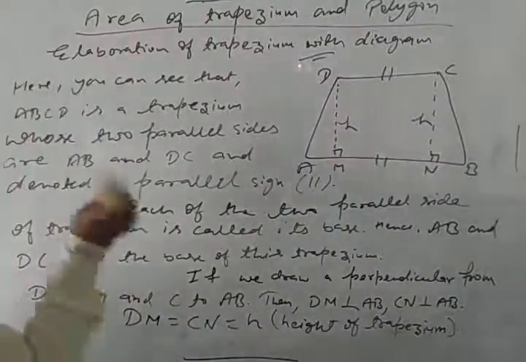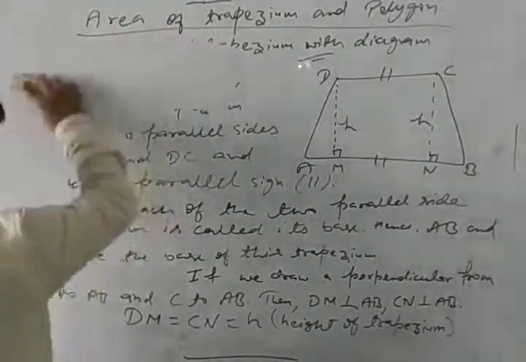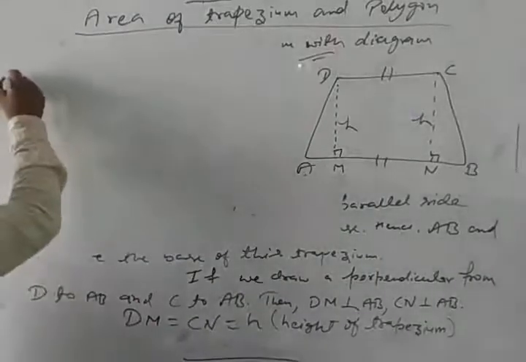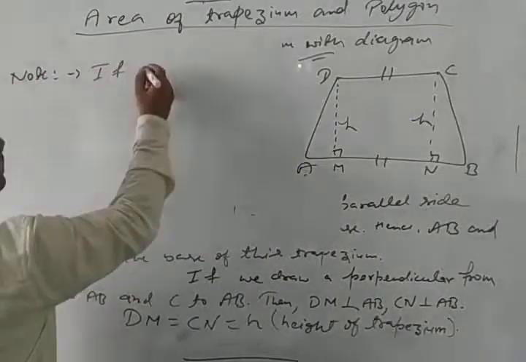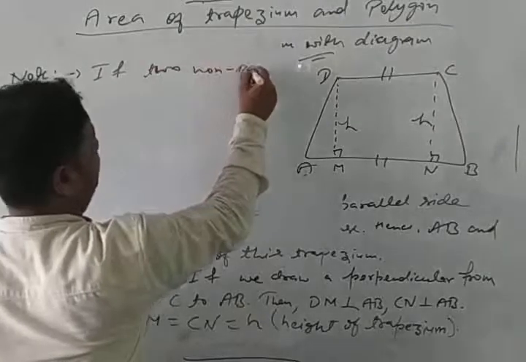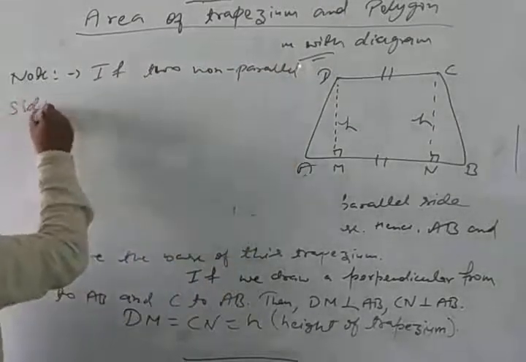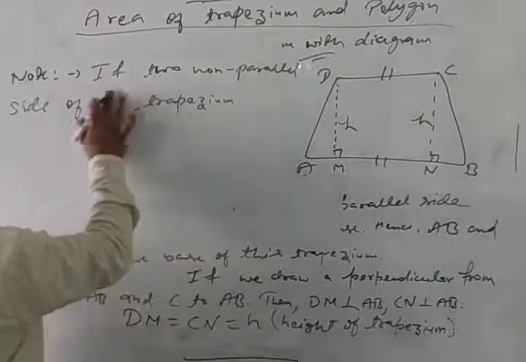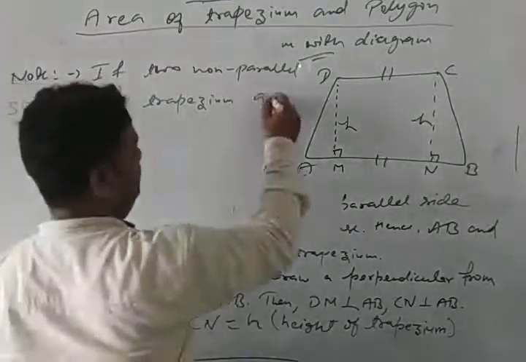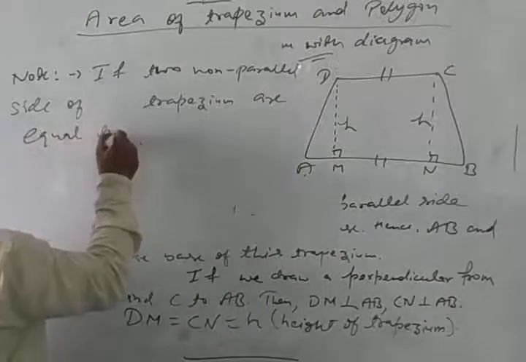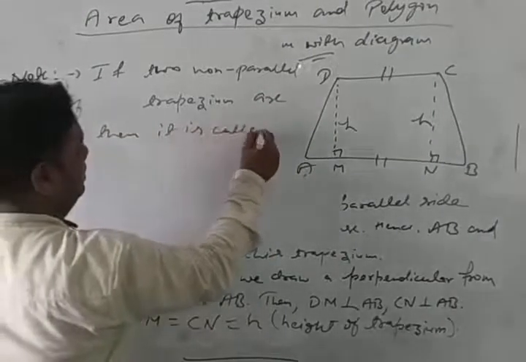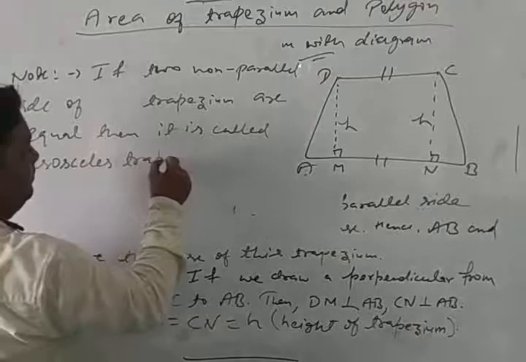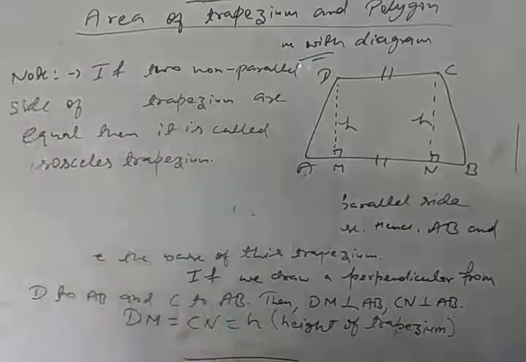We can write in the note that if the two non-parallel sides of a trapezium are equal, then it is called an isosceles trapezium.